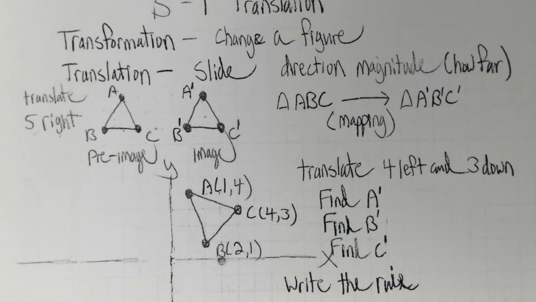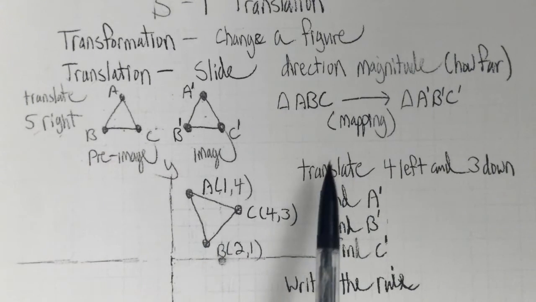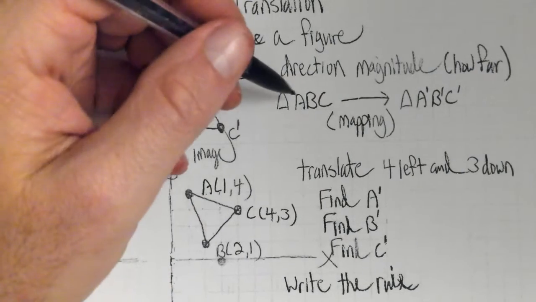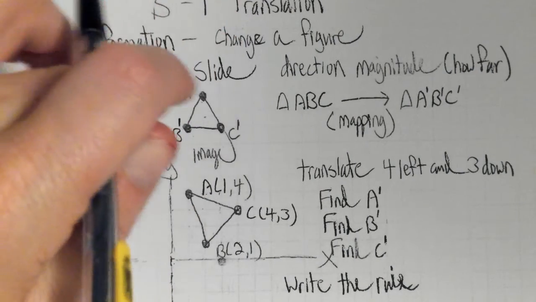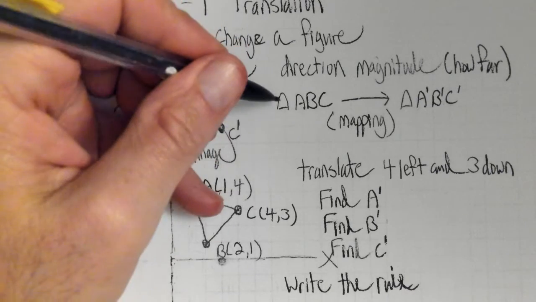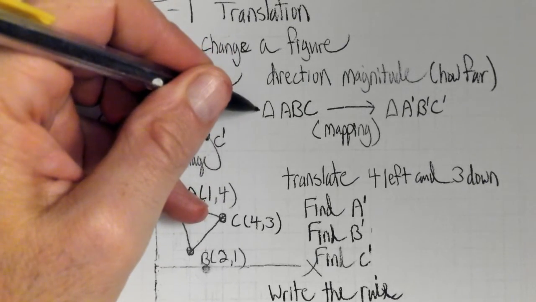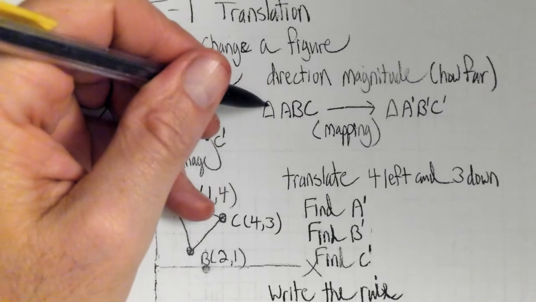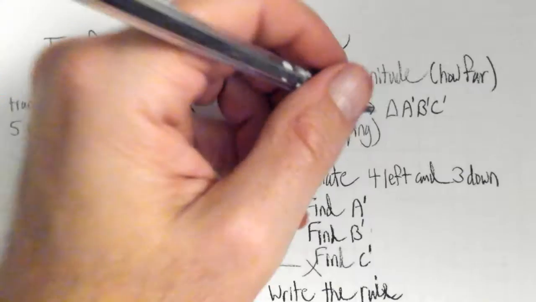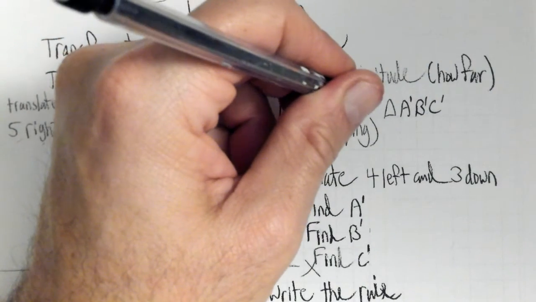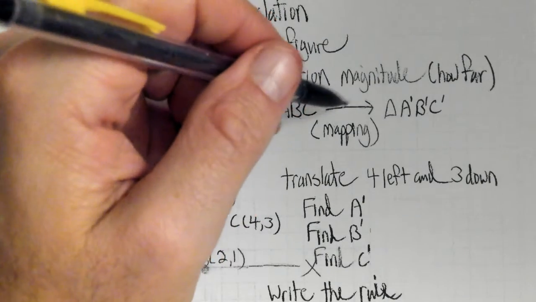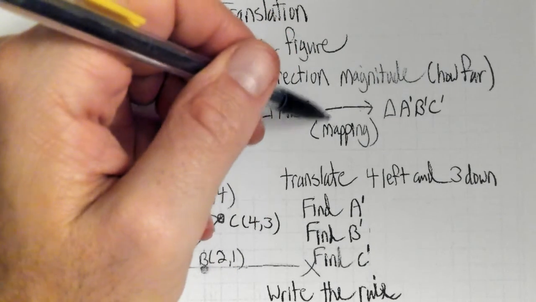Now, here's some other notation we want to look at. We can use this notation to show that a transformation has occurred. So triangle ABC, and this arrow is the symbol for transformation. This one transforms, or another word for that is maps.